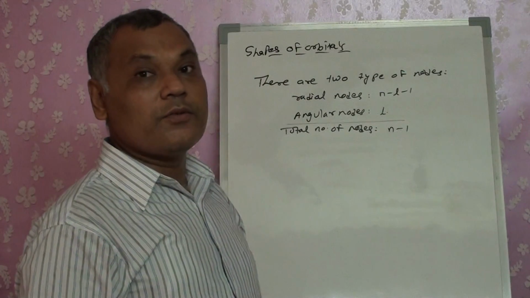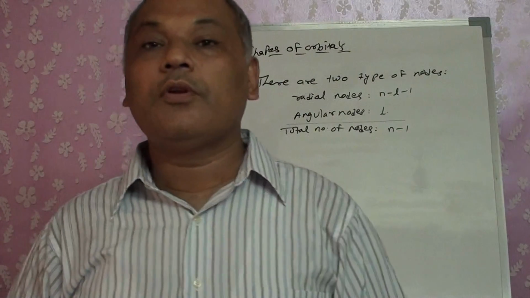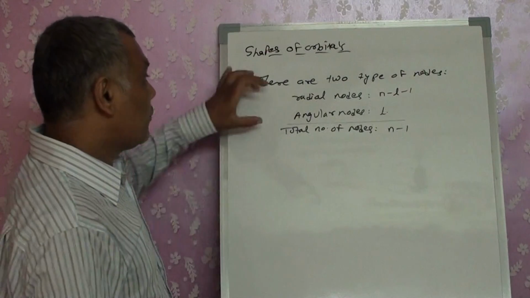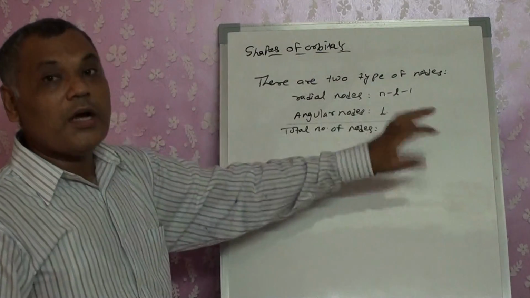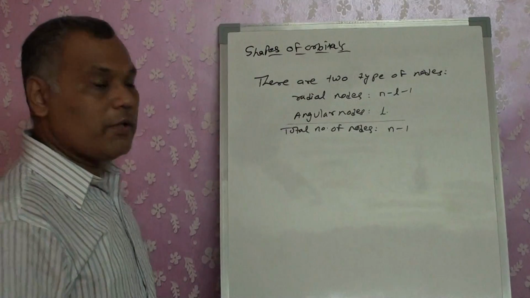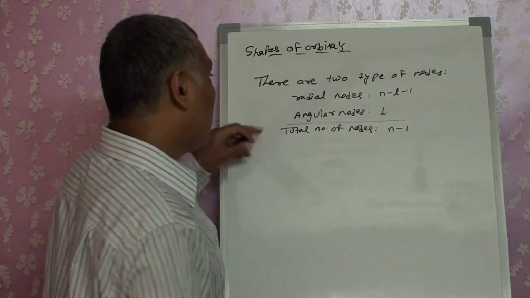We can be asked what are the radial nodes, what are the angular nodes, what are the total number of nodes present in the given orbital. So first of all we'll try to understand how to calculate the nodes, and then we'll come back to the shapes of the orbitals. First of all we'll try to understand these types of nodes.